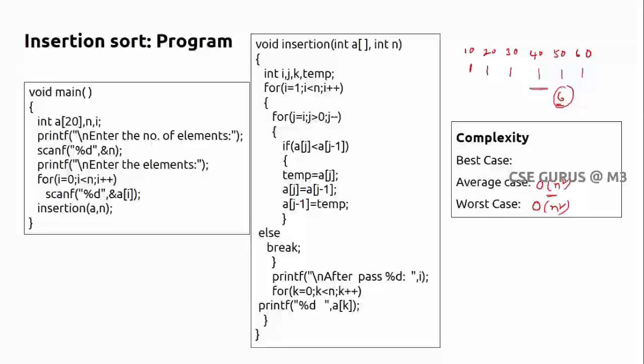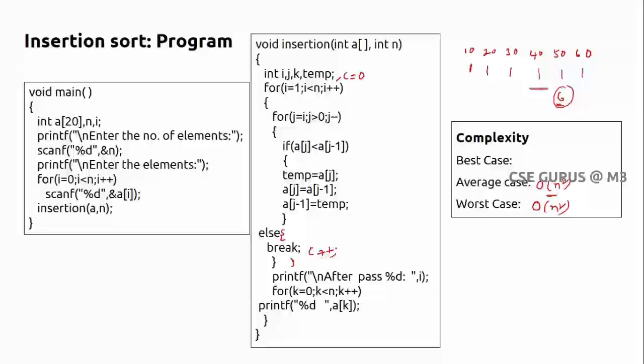So how to check this? I'll take a count variable. Count is initially 0, and whenever it reaches the else part, I'll count it as count++. Finally I'll check how many counts there are.